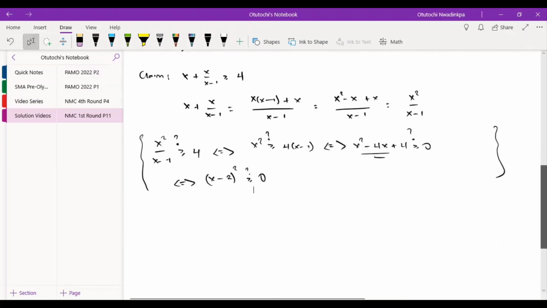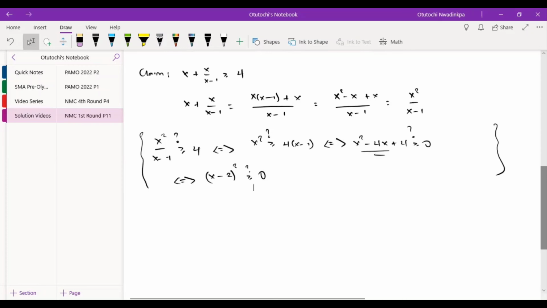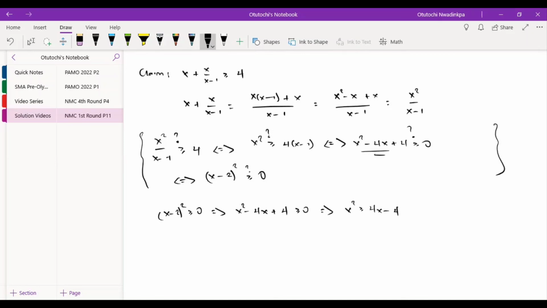This working backwards tells us how we can solve the problem. So for the actual proof of this claim, we start from the back. (x minus 2) is squared, so it's greater than or equal to 0. That implies that x squared minus 4x plus 4 is greater than or equal to 0, which implies that x squared is greater than or equal to 4x minus 4, which implies that x squared is greater than or equal to 4 times (x minus 1), which implies that x squared over x minus 1 is greater than or equal to 4.